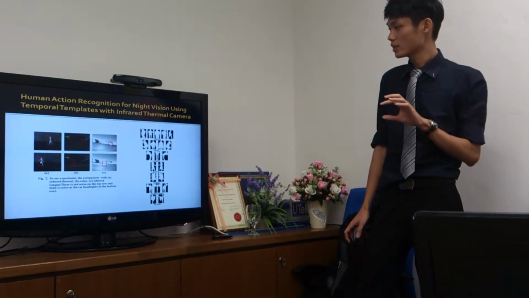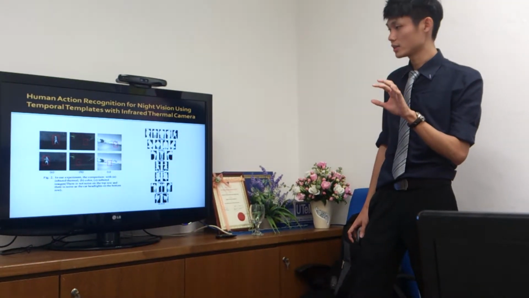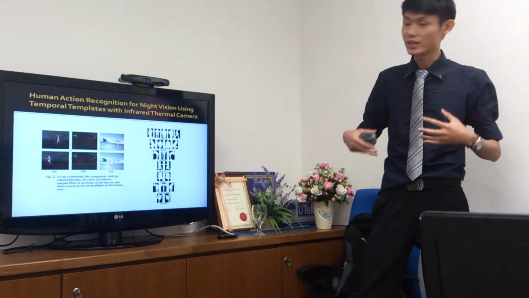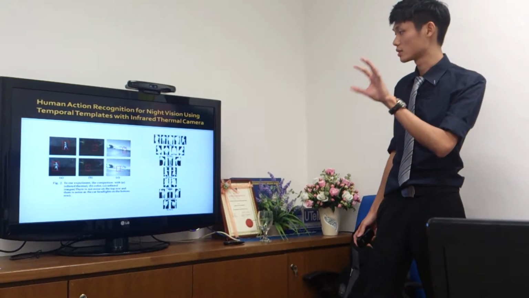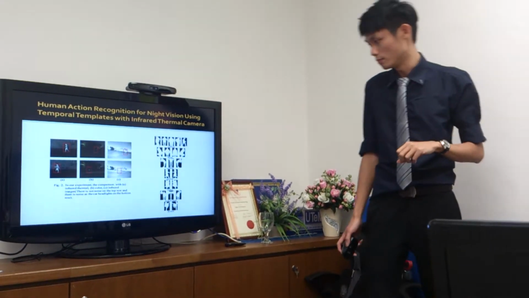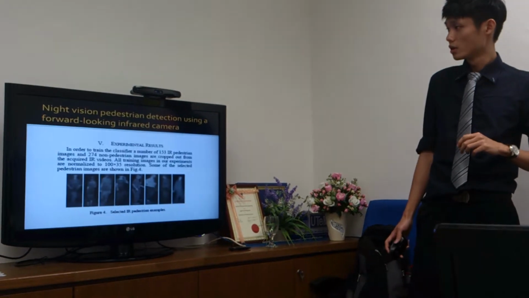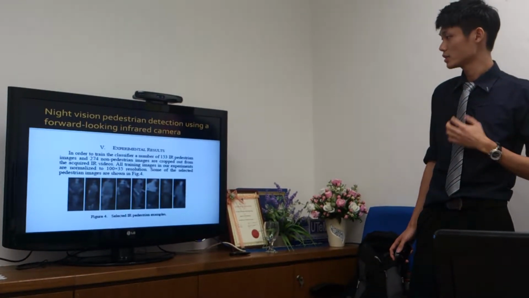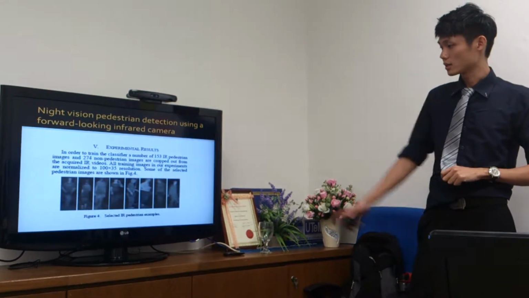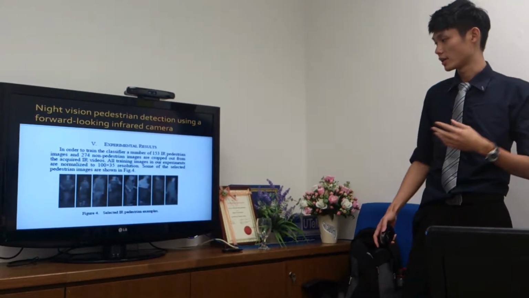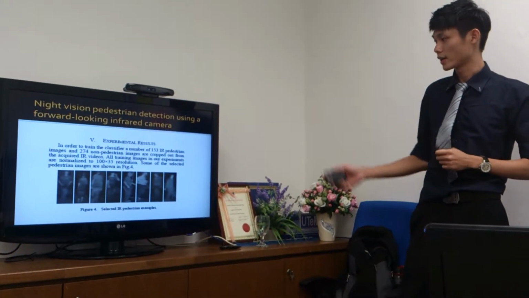The camera can detect the infrared released from our body, based on the thermal temperature. Another one is night vision pedestrian detection using a forward-looking infrared camera. These are the images they used and the results they got.